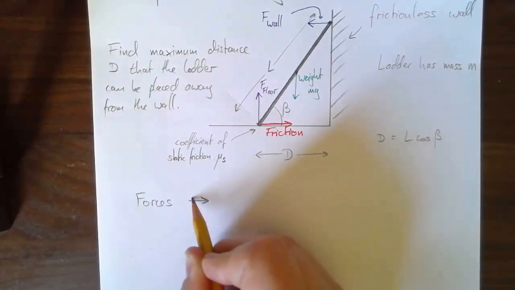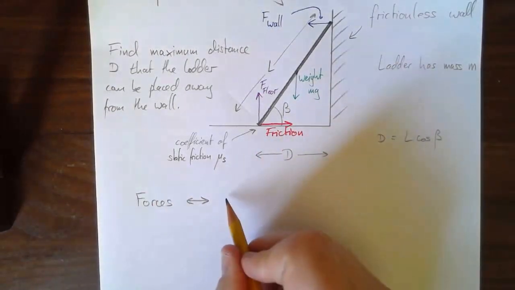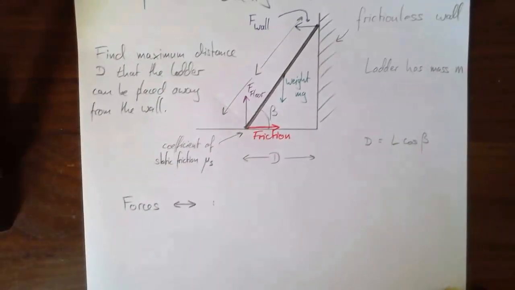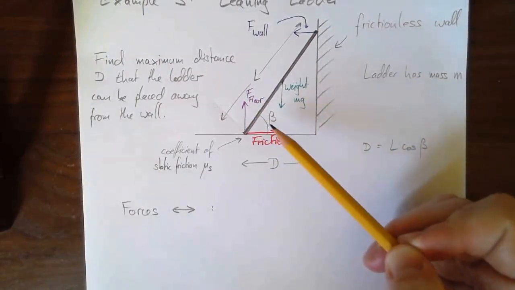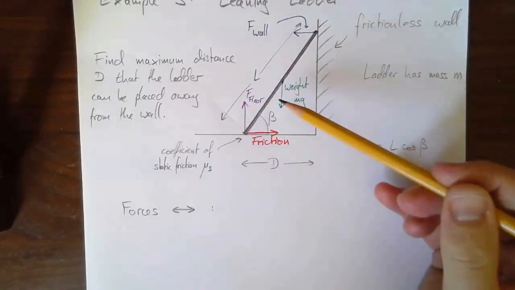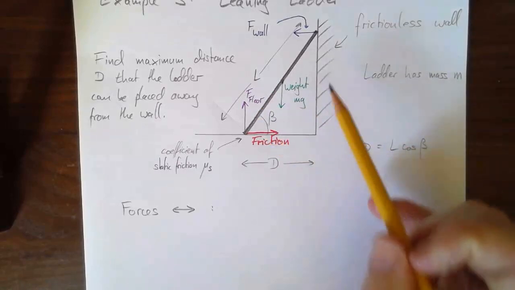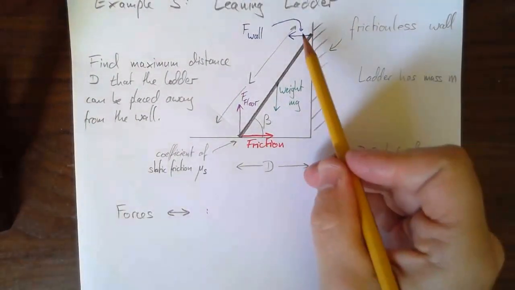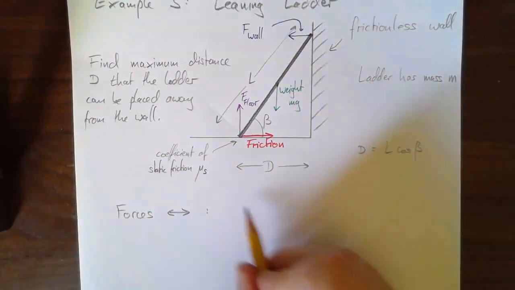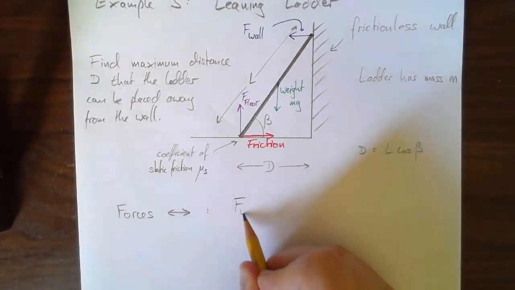Now conveniently in this problem there are four forces, but they are thankfully all either vertical or horizontal, no funny angles. Well, horizontally I've got friction to the right, force from the wall to the left, so they have to be equal.